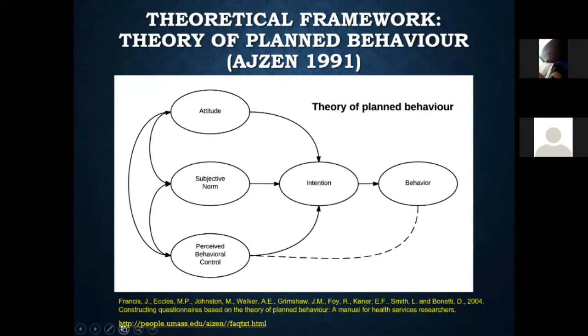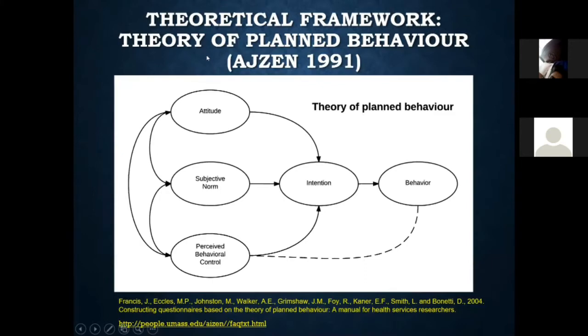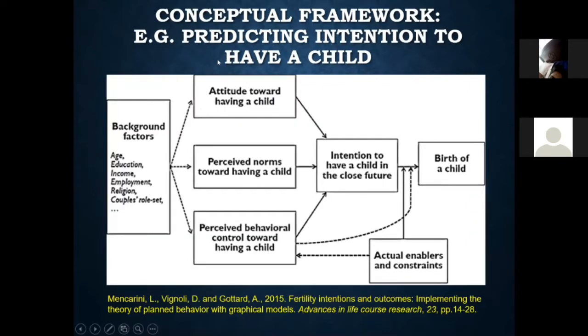Once you adapt the theory to suit your study, it becomes a conceptual framework. So this is the theoretical framework, and from the theoretical framework, you can have your conceptual framework. In this framework, the researcher is going to predict the behavior of the birth of a child, predicting intention to have a child.